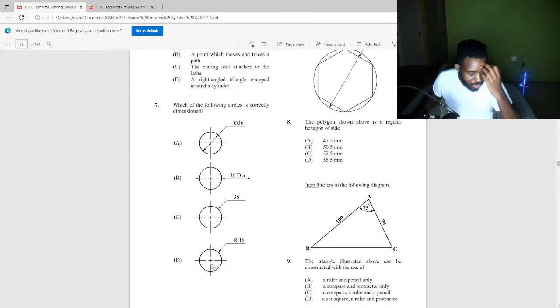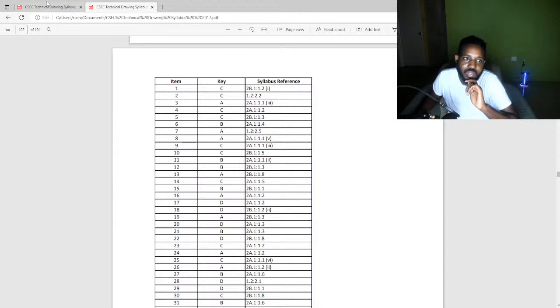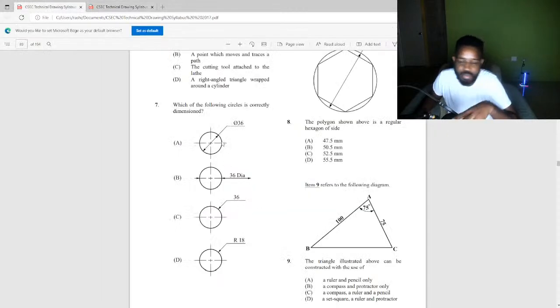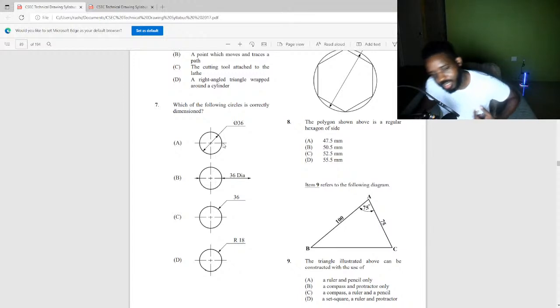For this one, number 7, I have the answer sheet as well, so we can look at that. Number 7 is A.